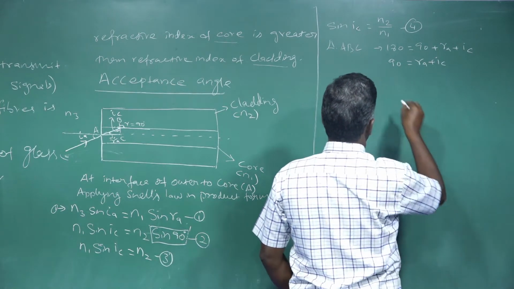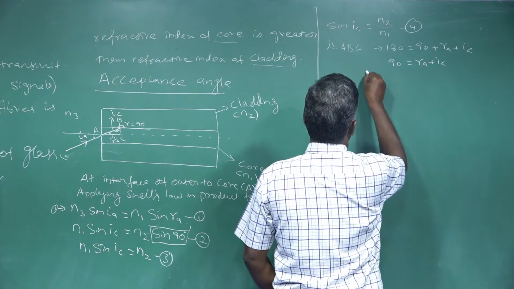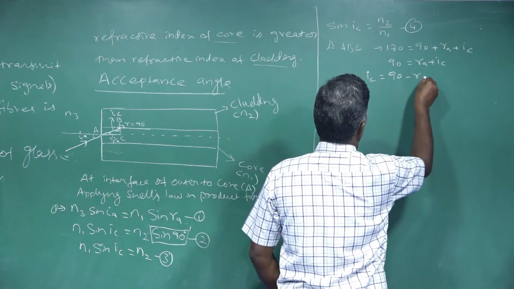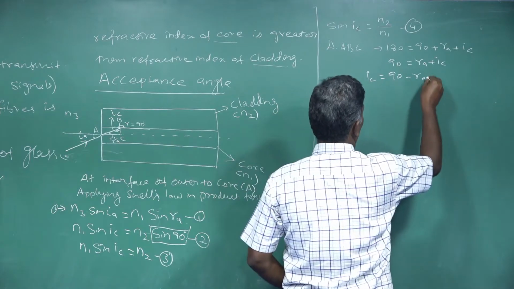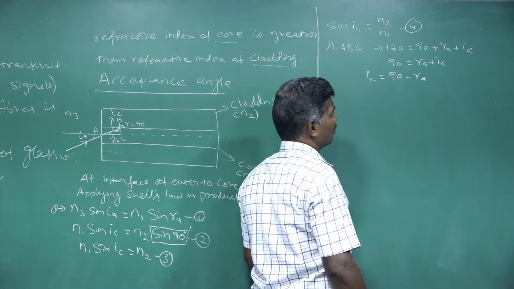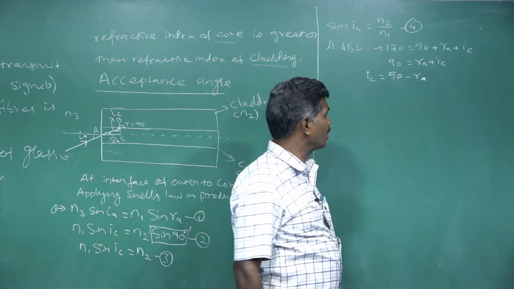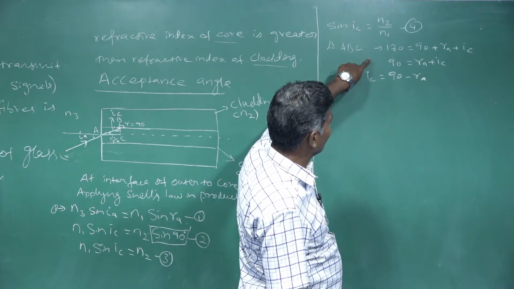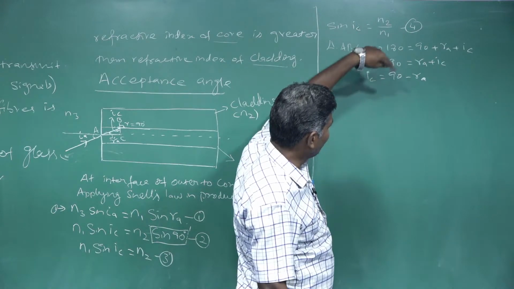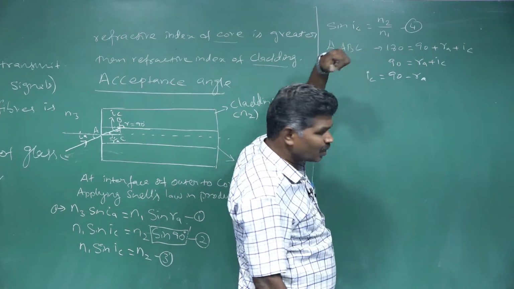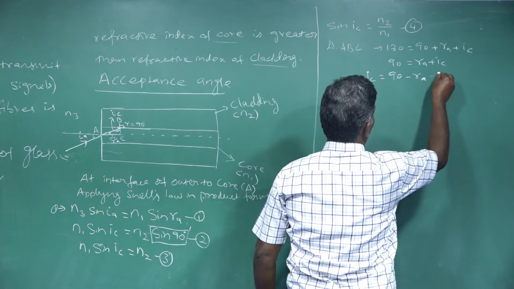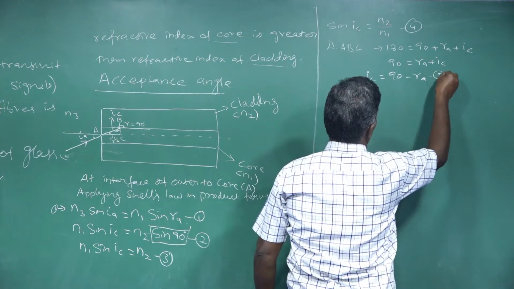From this we get the critical angle IC equals 90 minus RA. This may be taken as equation 5.